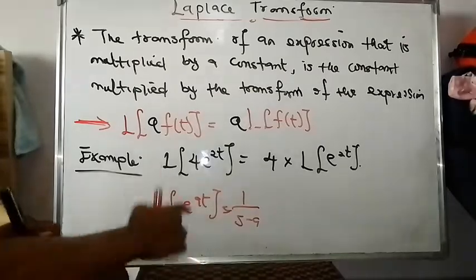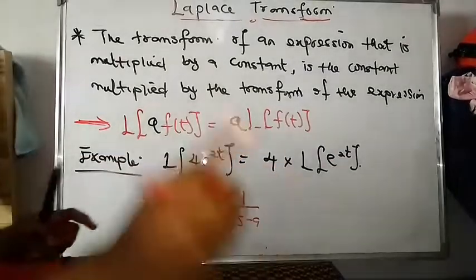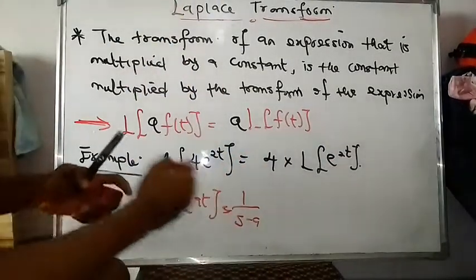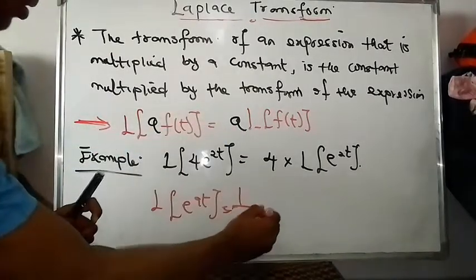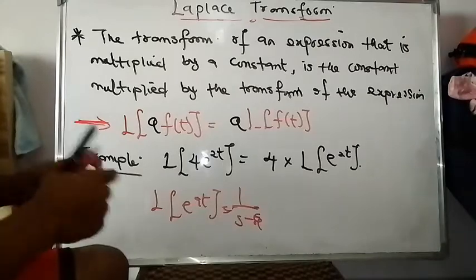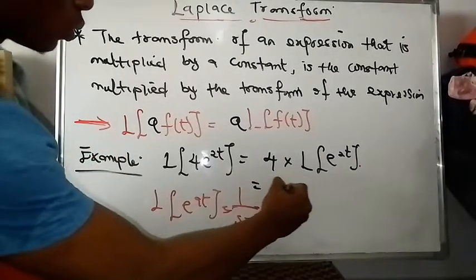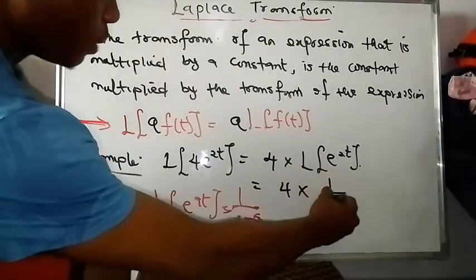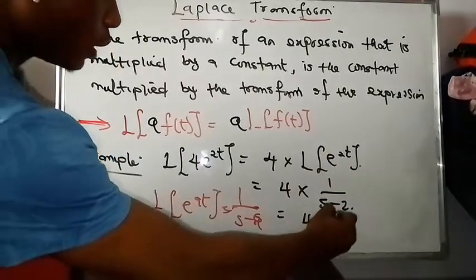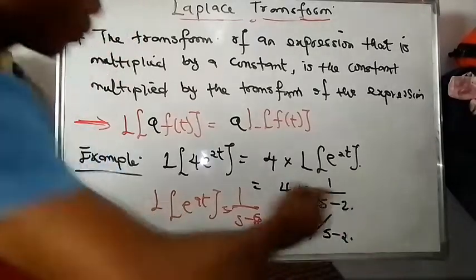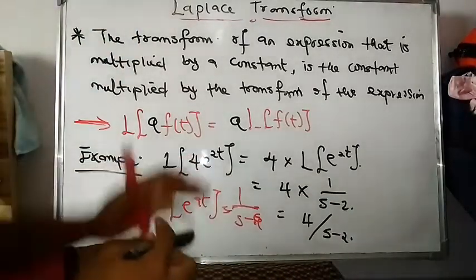Comparing exponential at with exponential 2t, a is equal to 2. So we'll have 4 times 1 divided by s minus 2, which is equal to 4 divided by s minus 2. So this is the Laplace of this function.